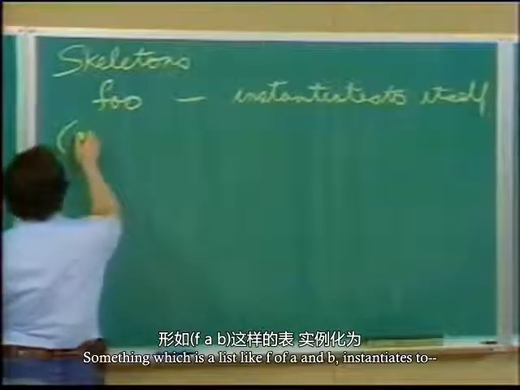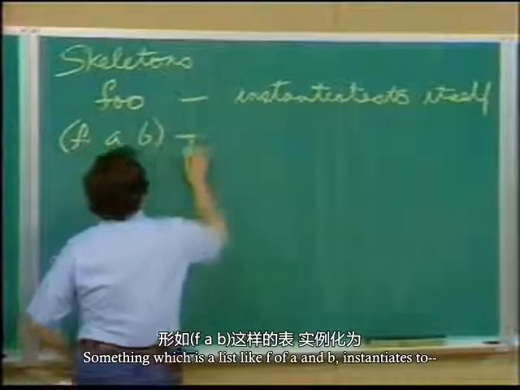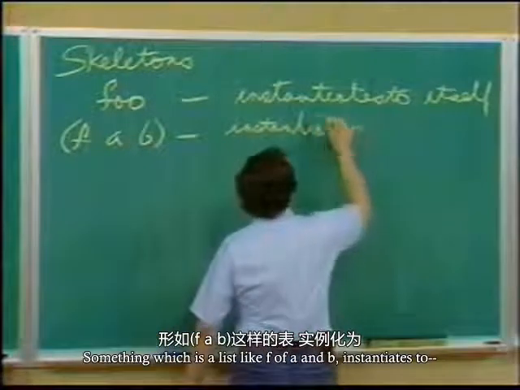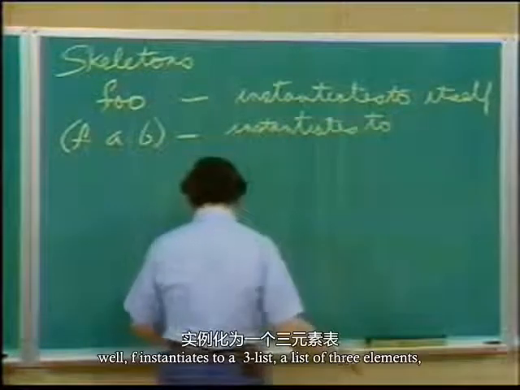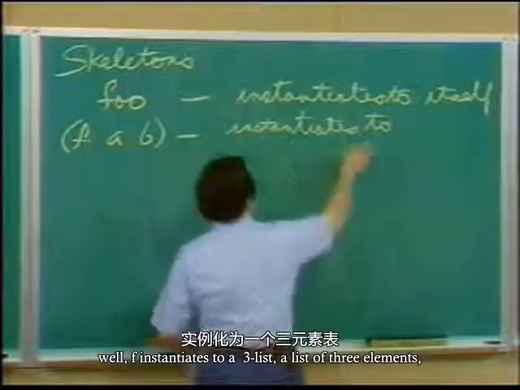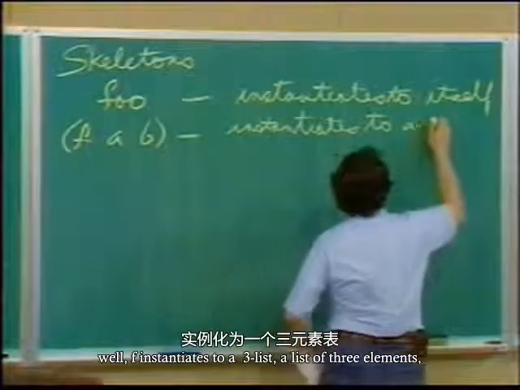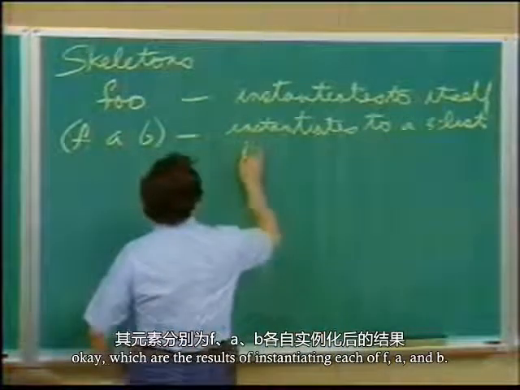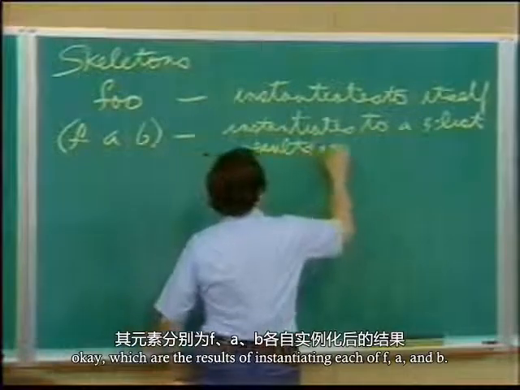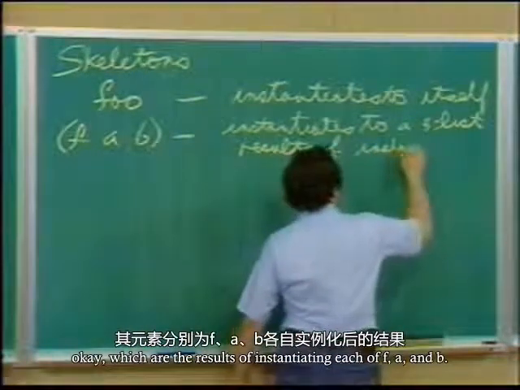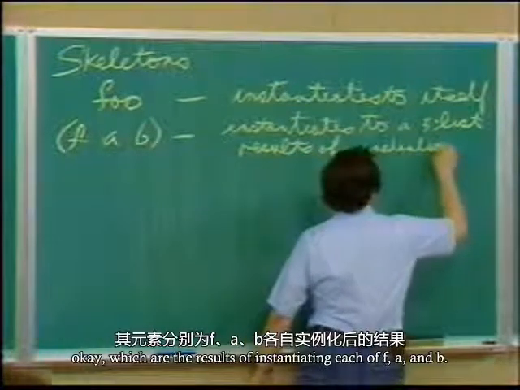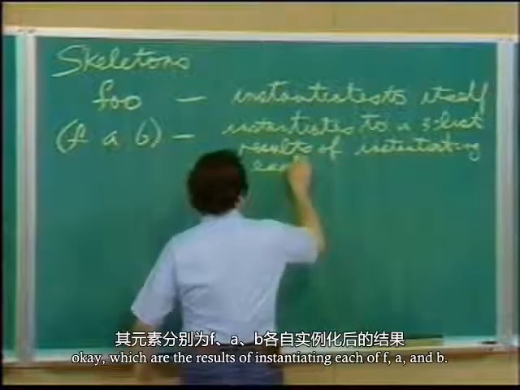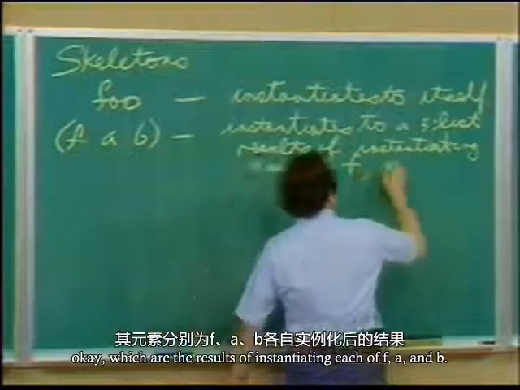Something which is a list like f of a and b instantiates to a list of 3 elements, okay, which are the results of instantiating each of f, a, and b.